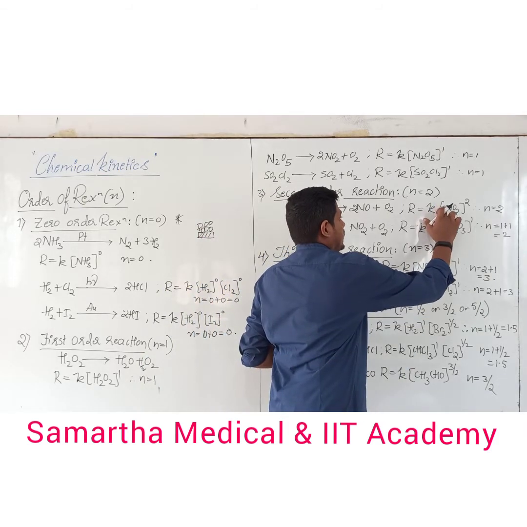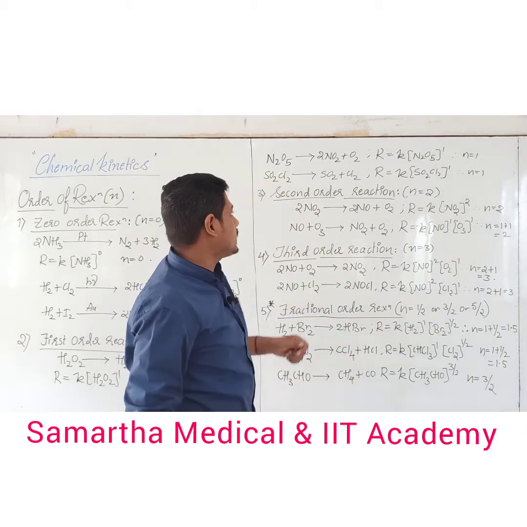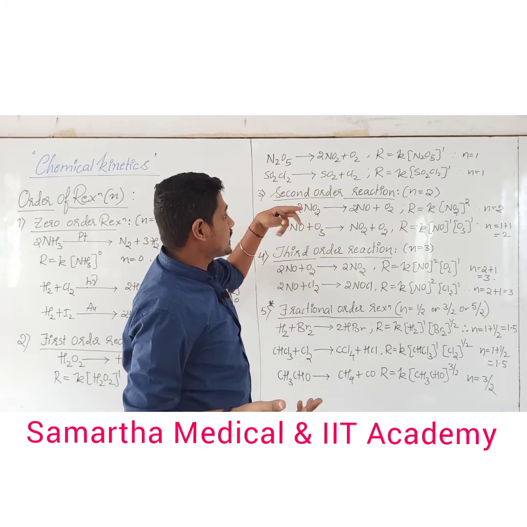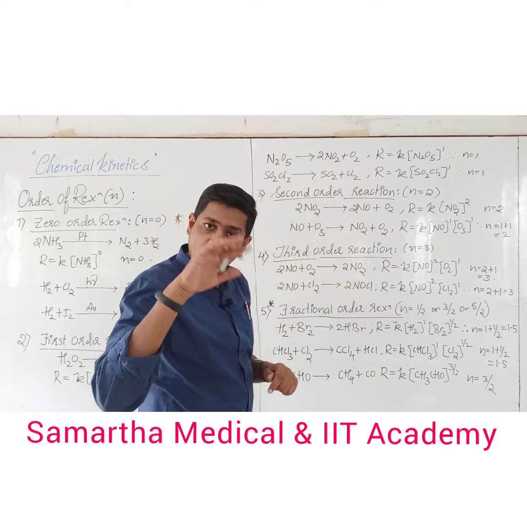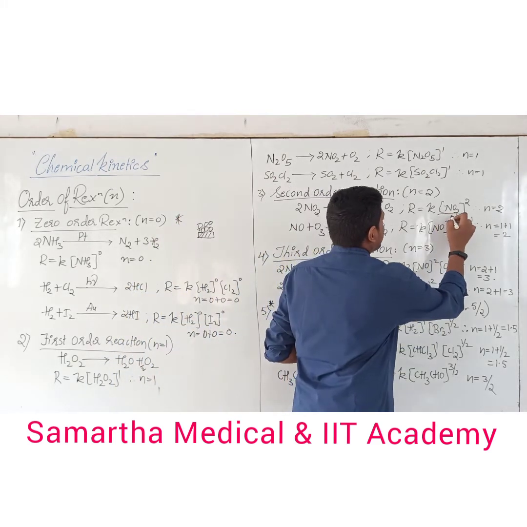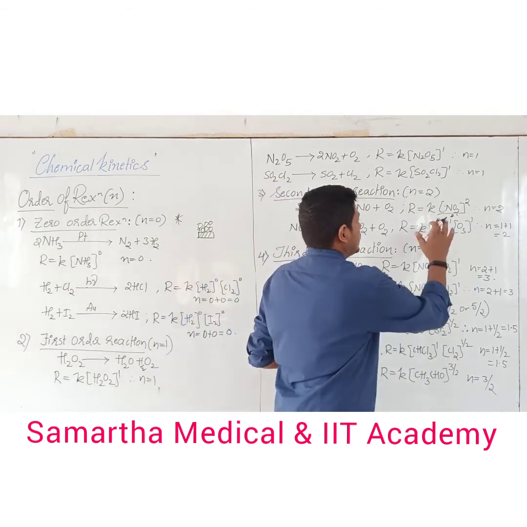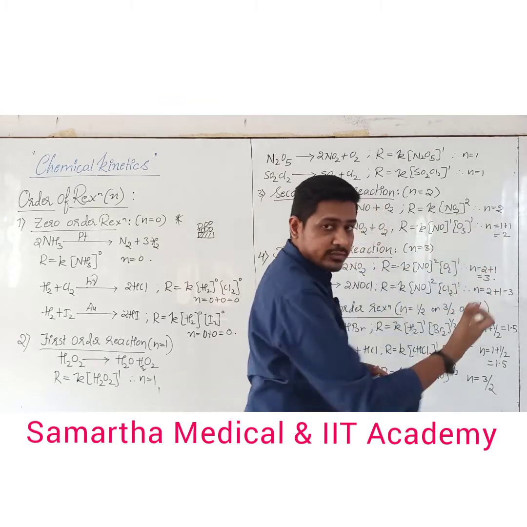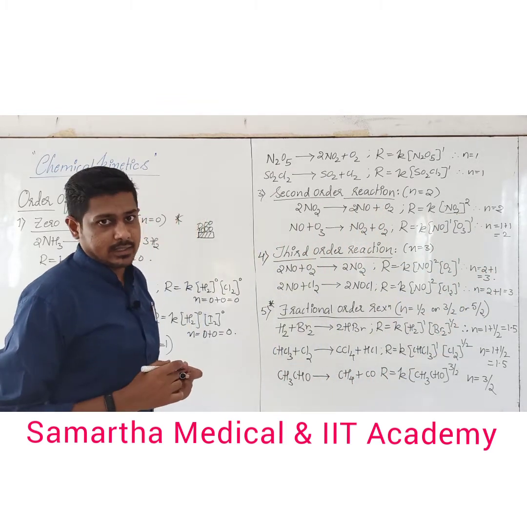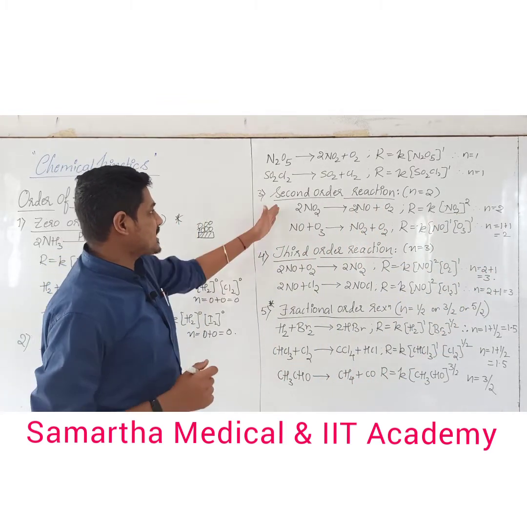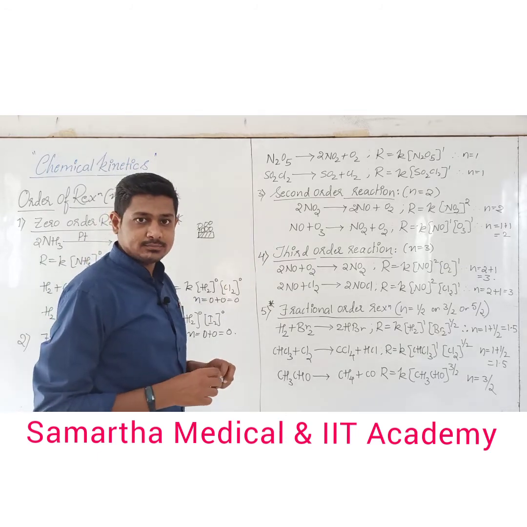Or they can ask, if the concentration of the reactant is half, then you take half and then square of that. These types of questions we will solve later in the numericals, then you will get a clear idea. So these are the examples for second order reaction.